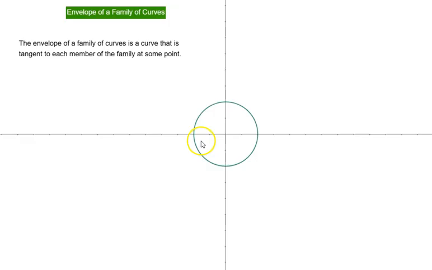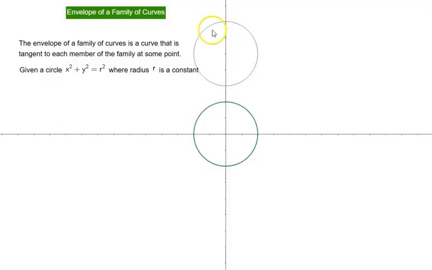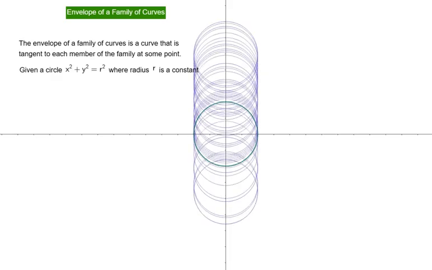Let's take a circle. We are given a circle x square plus y square equal to r square, where the radius r we are going to keep as a constant. Now, let's take another circle of the same radius and we keep changing the y position.